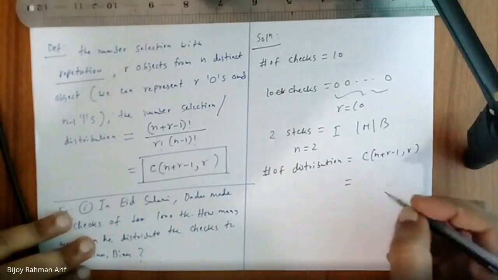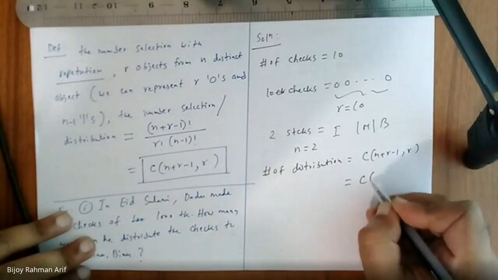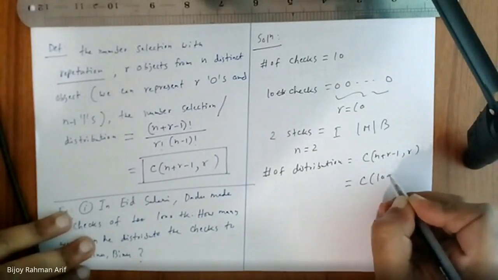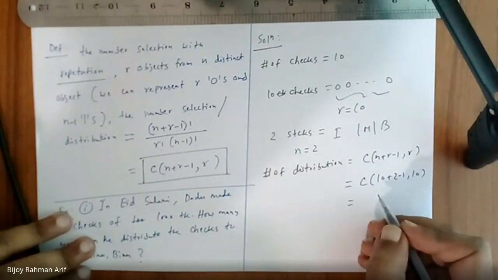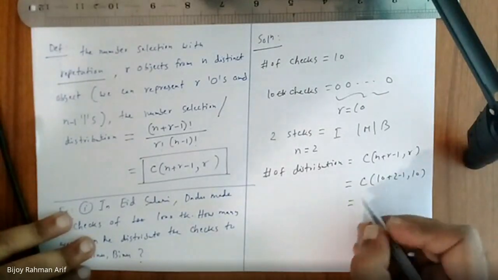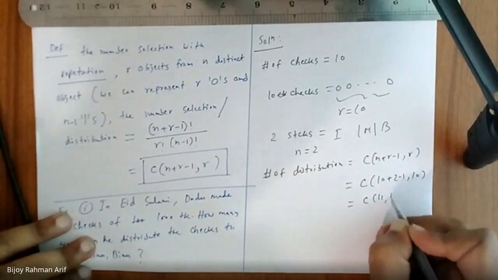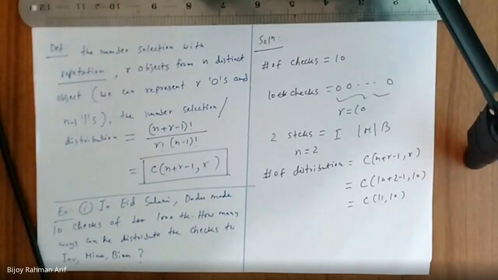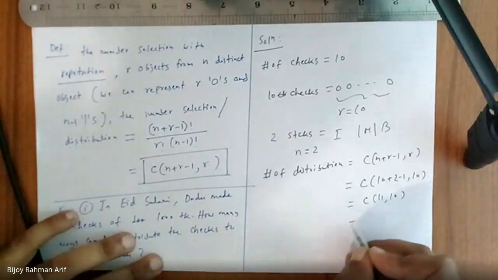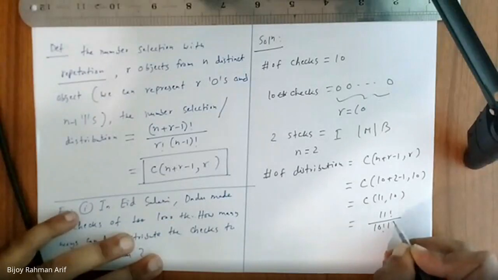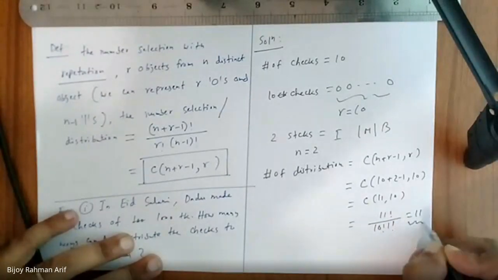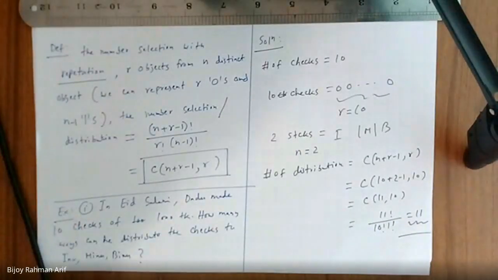So this is C(10 plus 2 minus 1, 10), which is nothing but C(11, 10). What would be the answer? 11 factorial over 10 factorial 1 factorial, which is nothing but 11. So this is the answer. Did you get it?